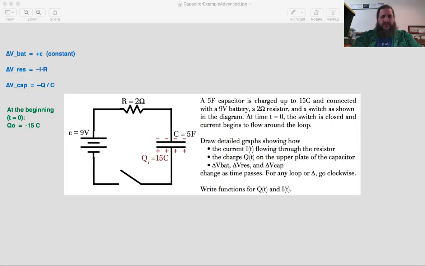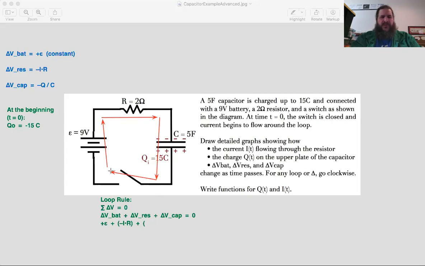For the capacitor, we got to be careful about the capacitor. If you're talking about the clockwise direction, which is what we're defining to be the direction we care about here, as you go through each of these things, is the battery providing an increase or decrease in voltage? Yeah, it's providing an increase. We're going from low to high.